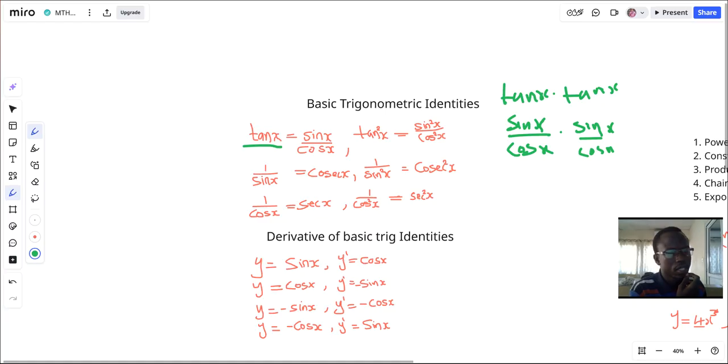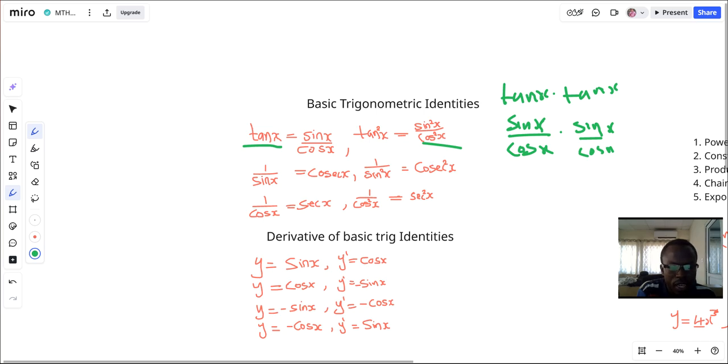Sin x times sin x is sin square x, and cos x times cos x is cos square x. So tan square x is equal to sin square x over cos square x.